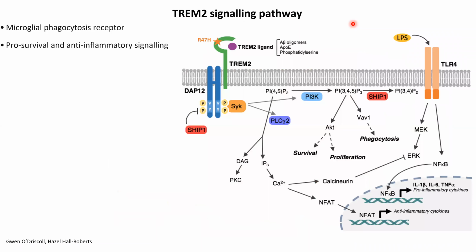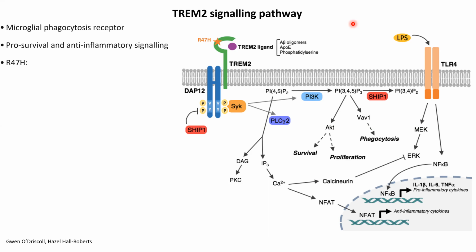And TREM2, as I've said, is a microglial phagocytosis receptor, and its downstream signaling pathways are still being precisely worked out, but generally we know that it's involved in pro-survival signaling and anti-inflammatory signaling.